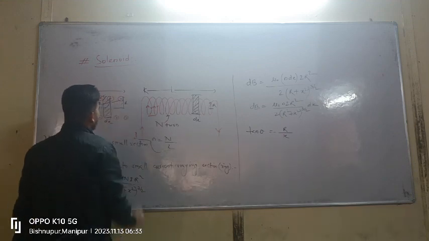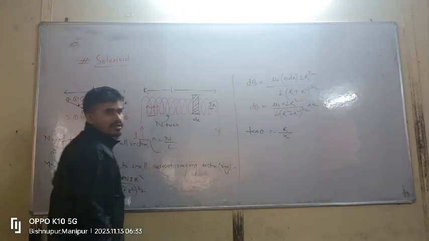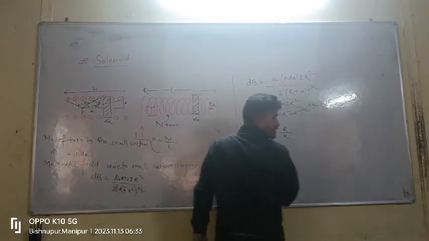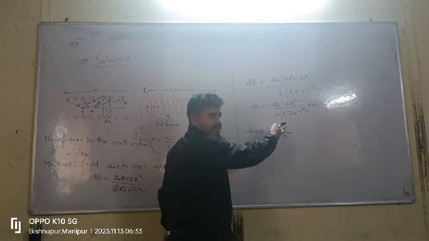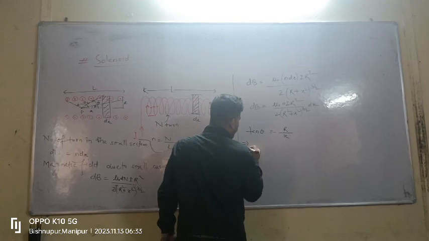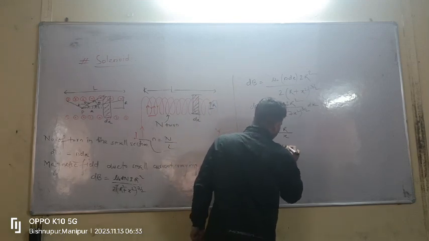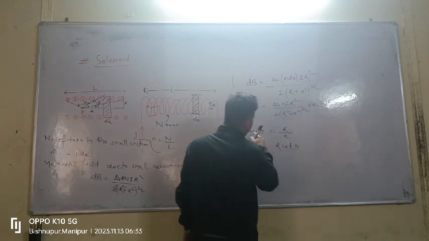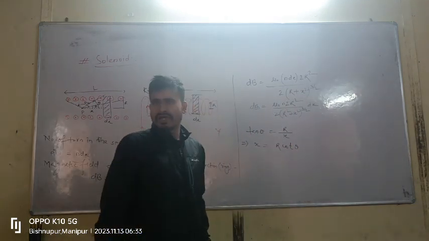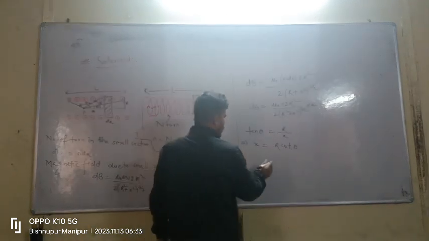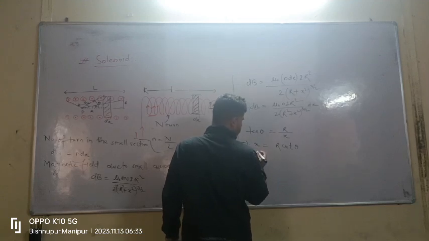From here to here, this one. Is it r by x? Clear to everyone, no? Perpendicular by base actually. What is x equal to? x equal to r cot theta. Yes or no? Means tan theta will come down. x equals r cot theta, no? Now I want to differentiate it.